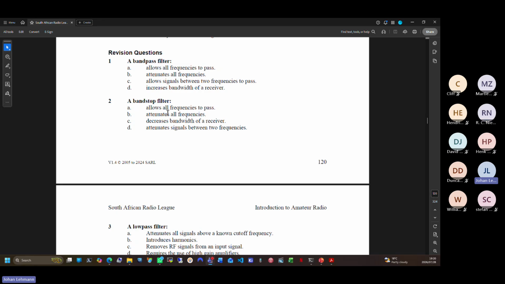Yes. A bandstop filter allows all frequencies to pass, attenuates all, decreases bandwidth, attenuates signals. D, it attenuates signals between two frequencies. They call it a band stop here, but it's the same as a notch filter. The engineering term is actually a notch filter, but yeah, so you know.